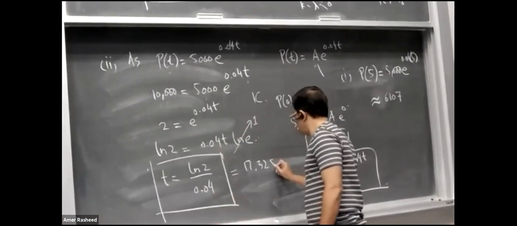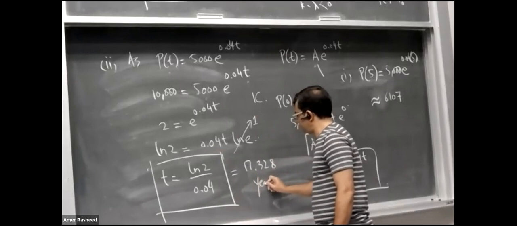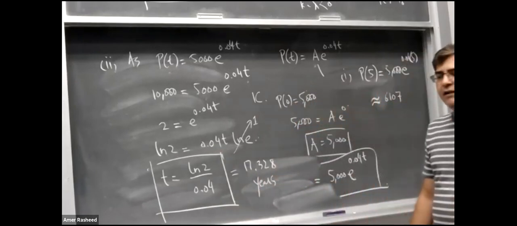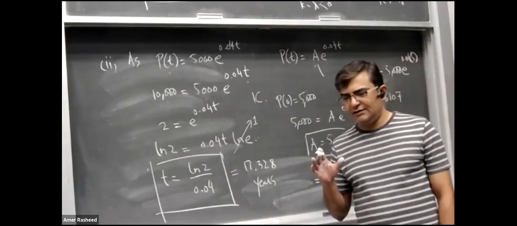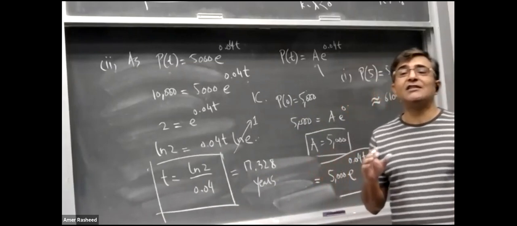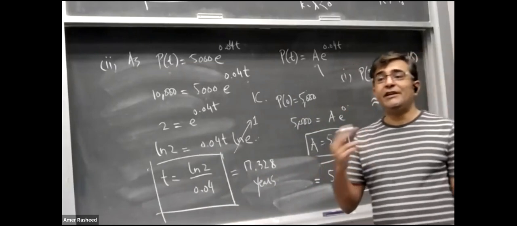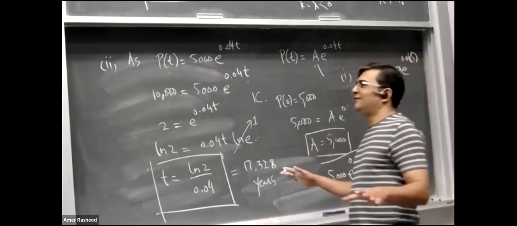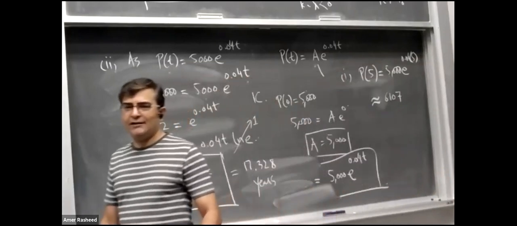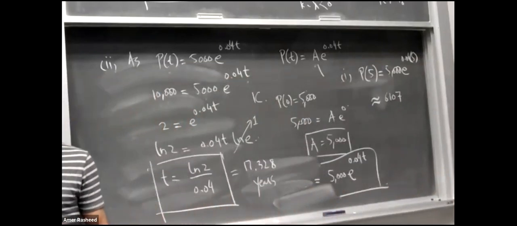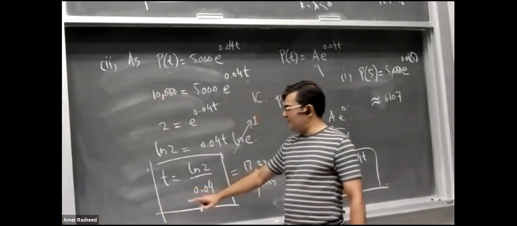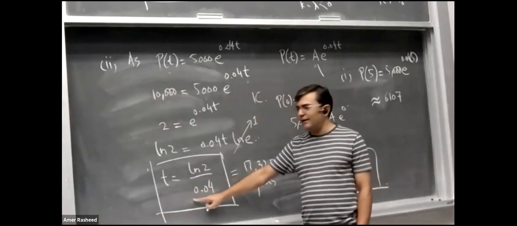The population of that town will double after 17 years, if the same growth rate applies and nobody dies. This is called doubling time.